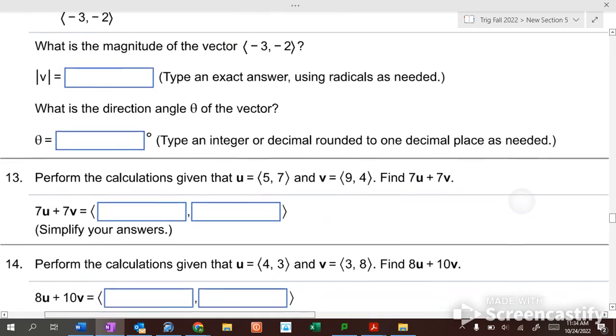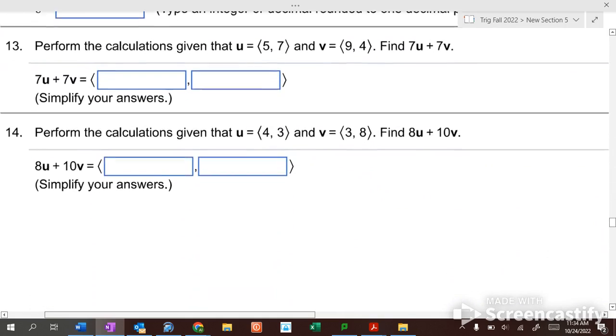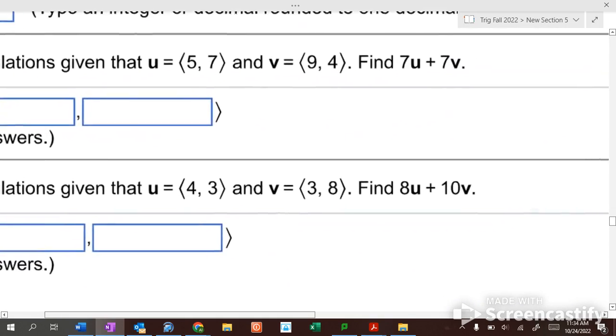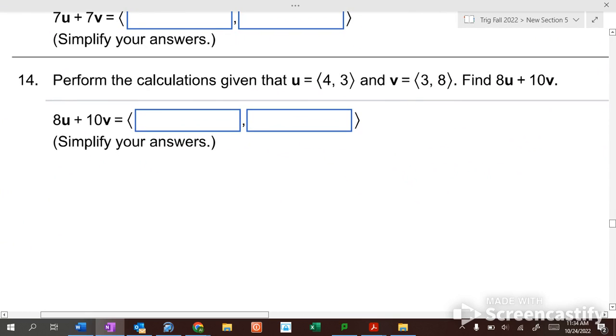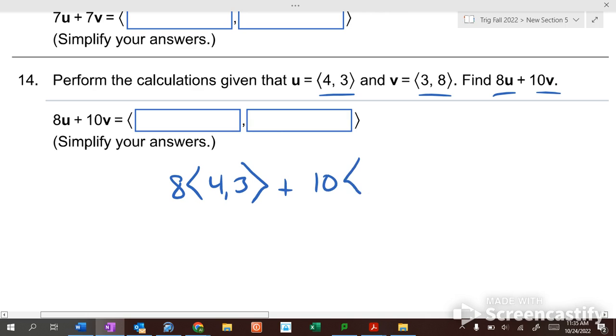Okay. All right, so I think you can get magnitude, direction. Last thing, let's do this one. 8u plus 10v. If u is this, v is this, what's your answer? Well, if it's 8u, you take 8 times 4, 3. And if it's 10v, you take 10 times 3, 8.